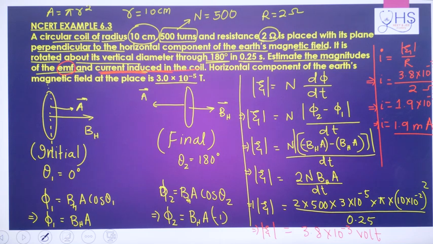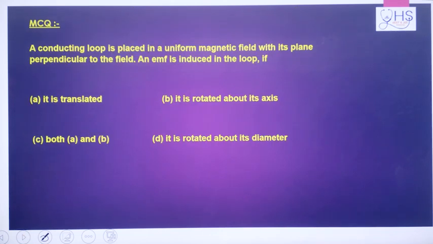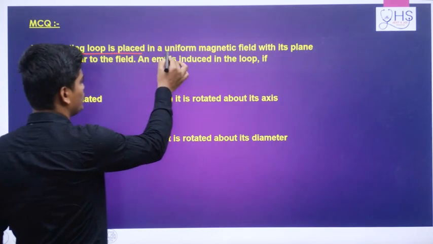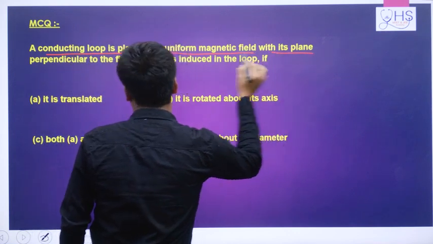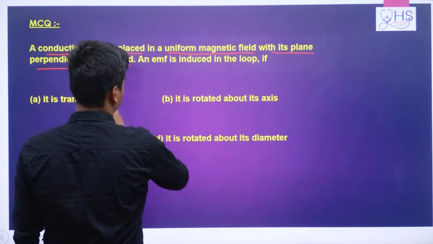Okay. I hope you understand. Now next, come to some MCQ questions. A conducting loop is placed in a uniform magnetic field with its plane perpendicular to the field.